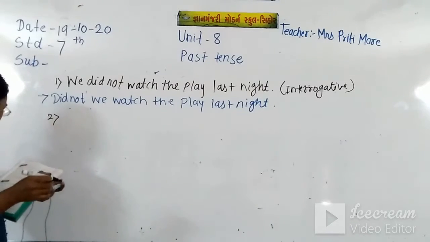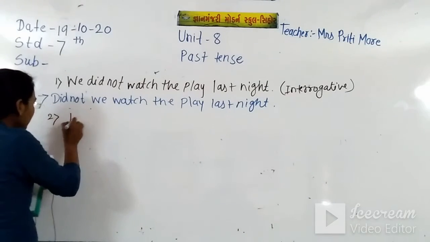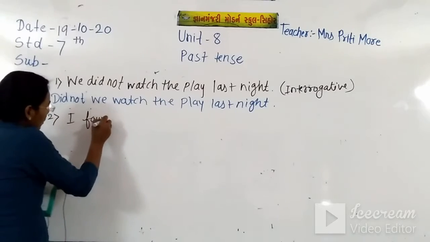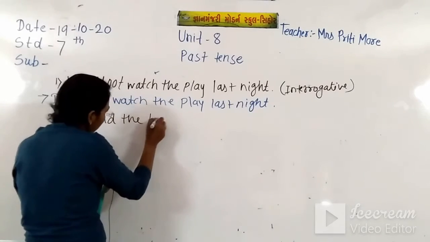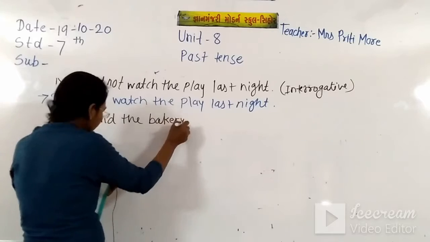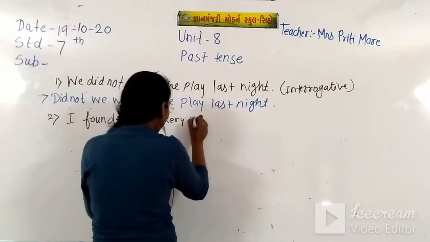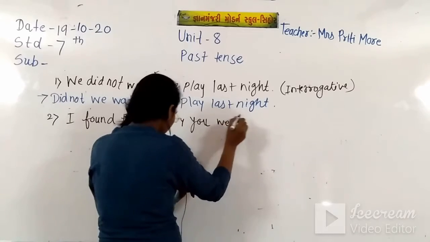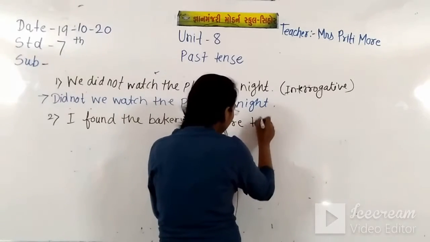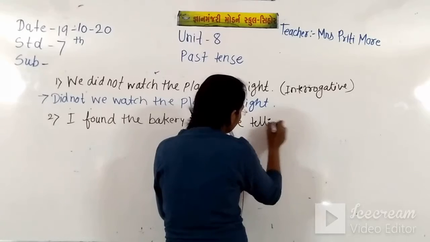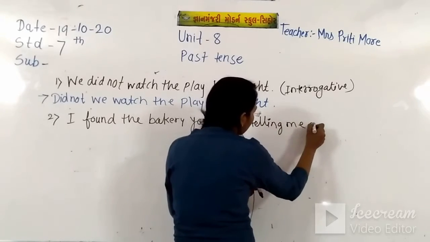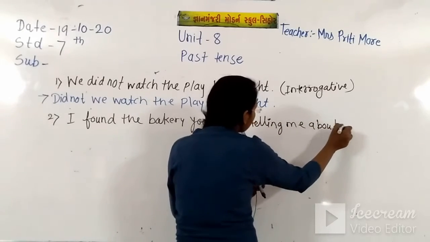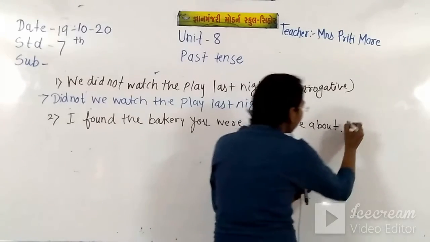Now the second is, I found the bakery you were telling me about. We have to make it negative.